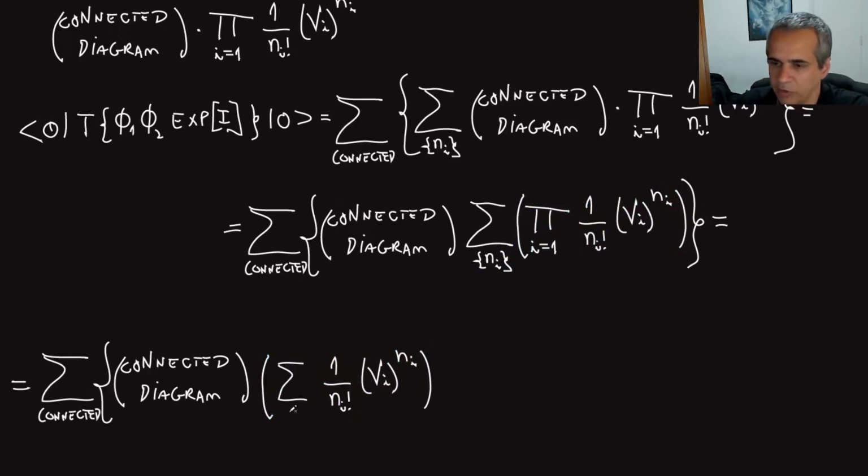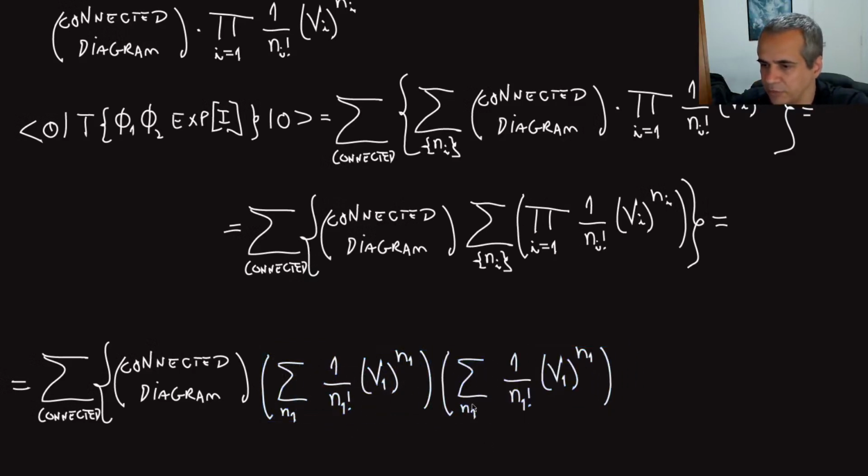Say the sum over n1 of v1 to the n1, times the same for n2, and so on, right?